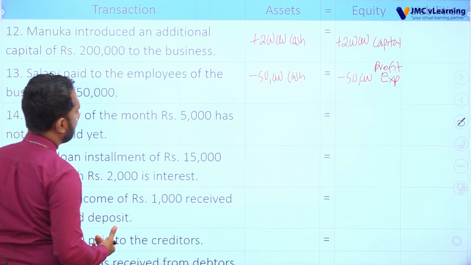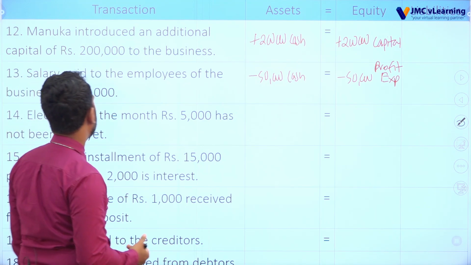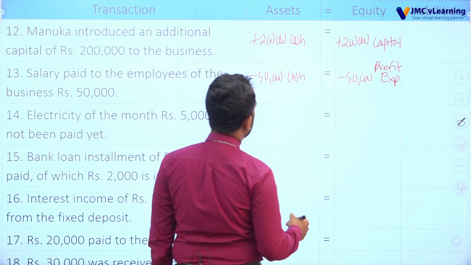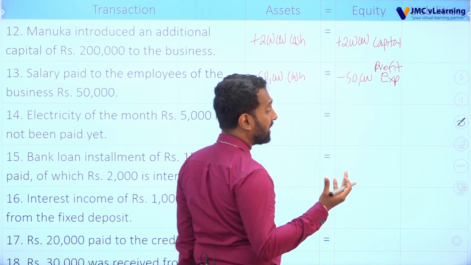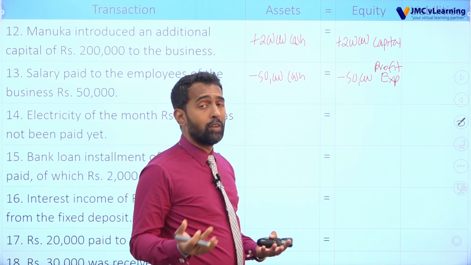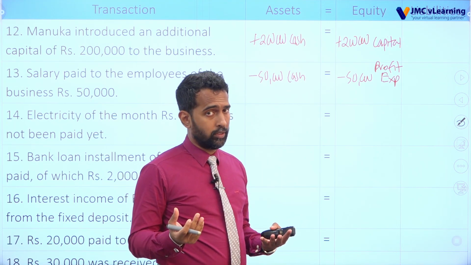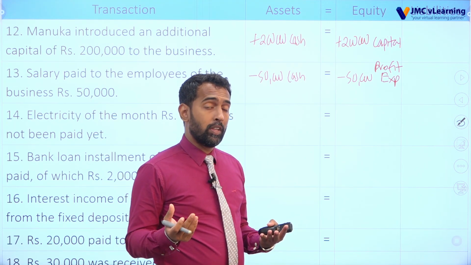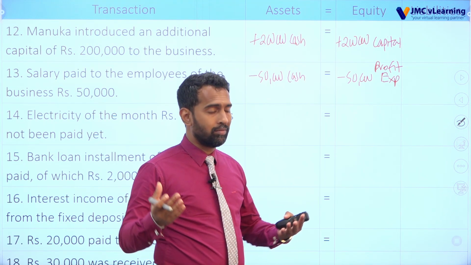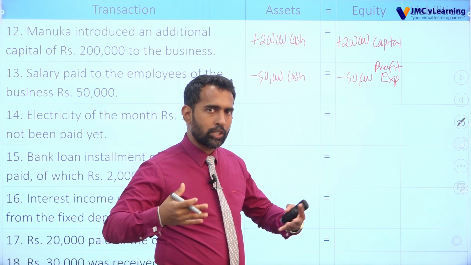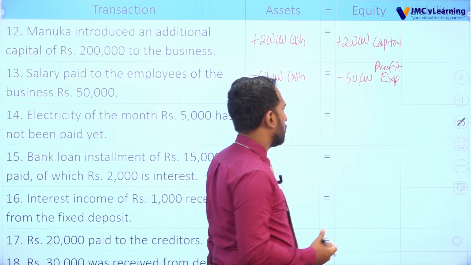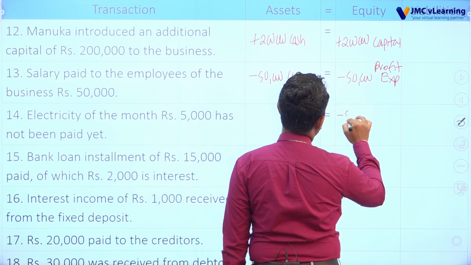Electricity of the month, rupees 5,000 has not been paid yet. So electricity you haven't paid yet, but electricity is something you have consumed. You have consumed electricity but you haven't paid. So there's a concept called accrual concept. Accrual concept says whether you paid or not, if you have obtained, the transaction has happened, you have to account for it. So electricity is an expense which will reduce the profit.